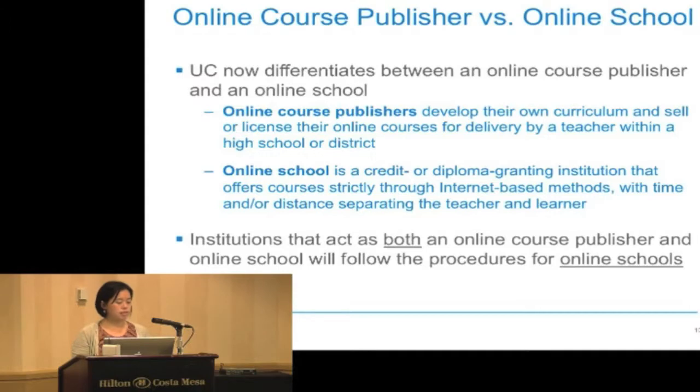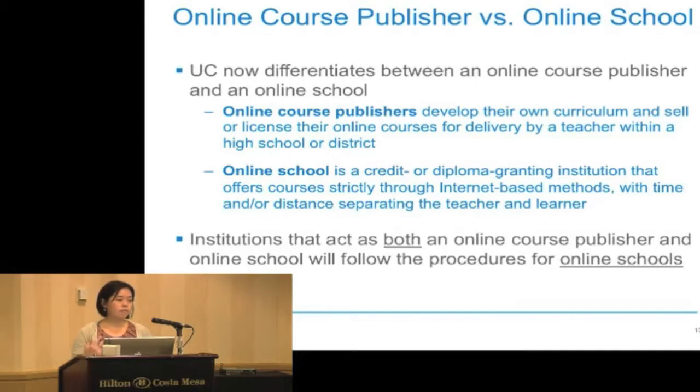So to establish and maintain an A to G course list, this type of institution, the online school, must be accredited or at least become a candidate for accreditation by either a regional or a national accrediting organization, and then demonstrate that it operates according to the INACOL quality standards for online programs.